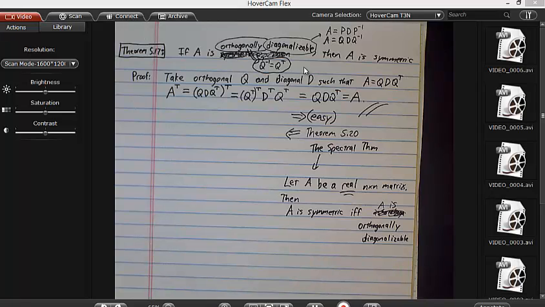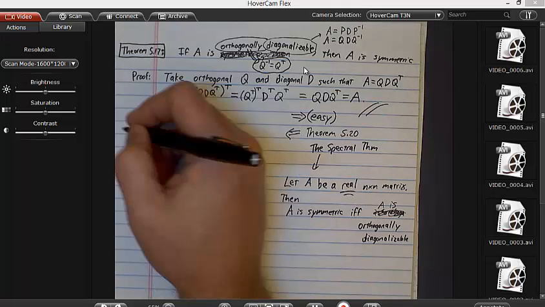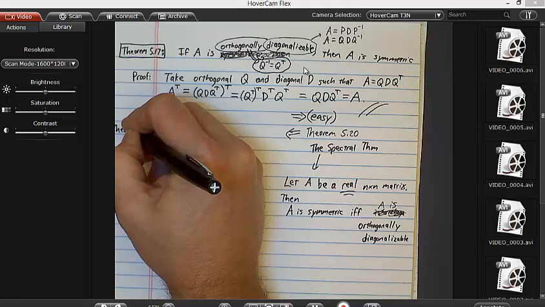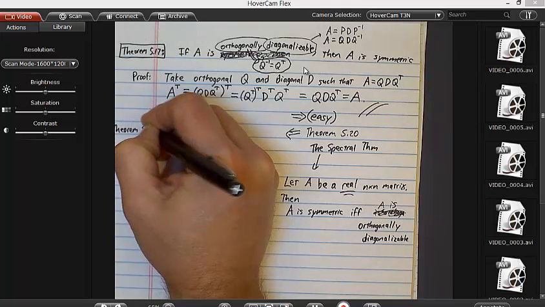Okay. So along the way are two other theorems. So let me state them. Theorem 5.18.